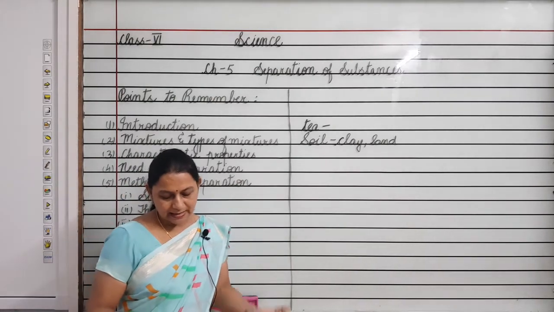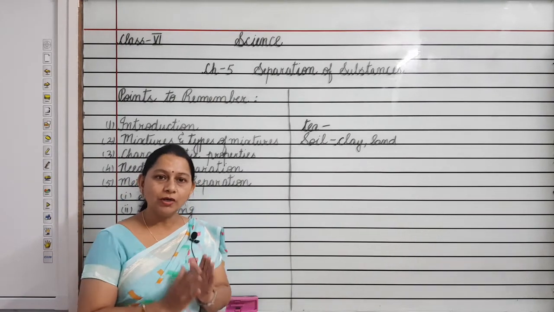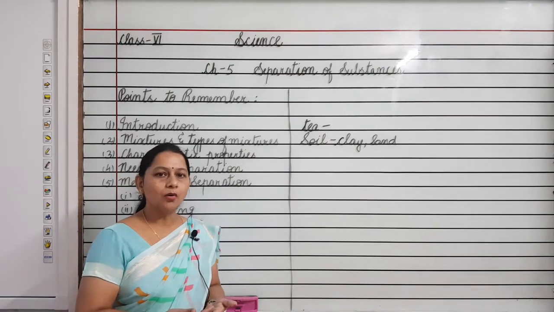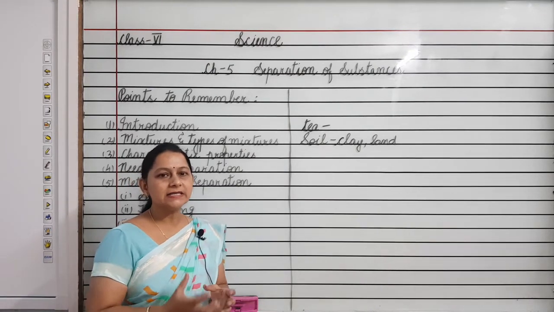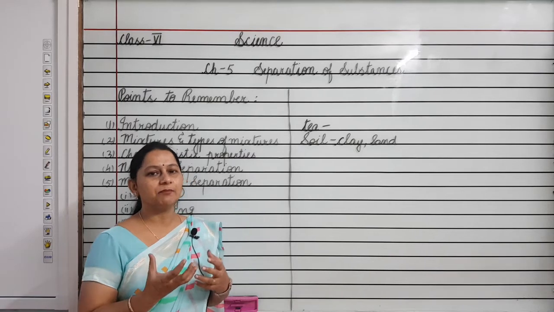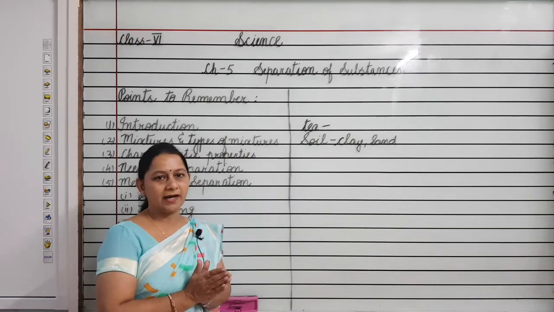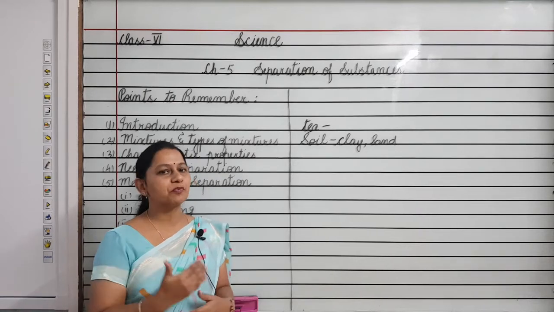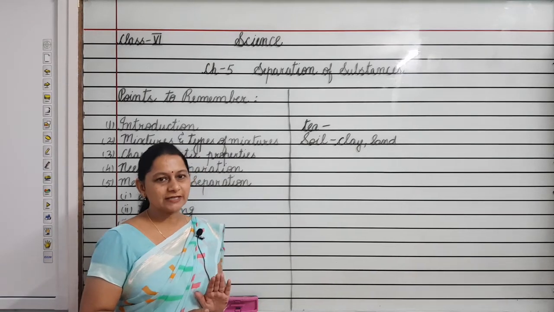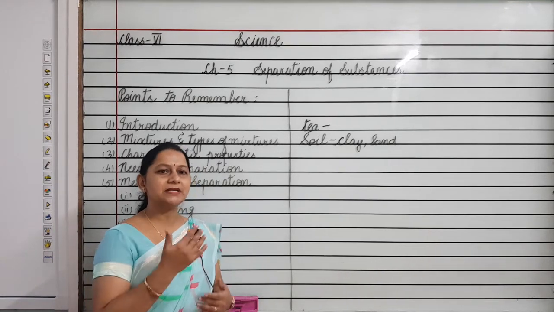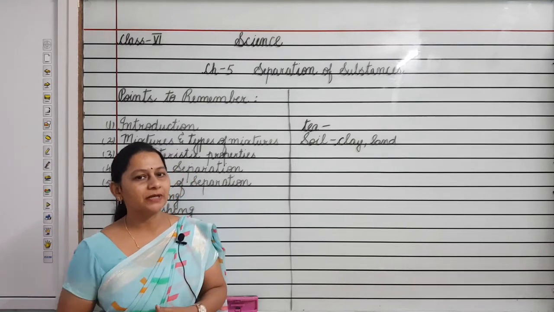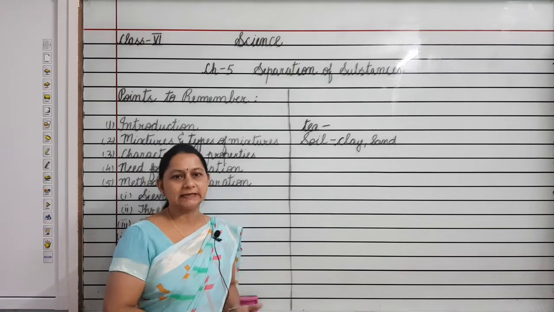Pure substances consist of only one type of particles, like oxygen, gold, silver. All these substances contain particles of only one kind, which have a definite composition and fixed properties. And these properties and composition are entirely different from the properties and composition of another element.